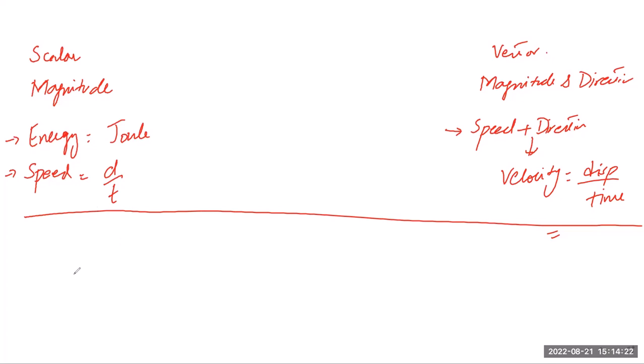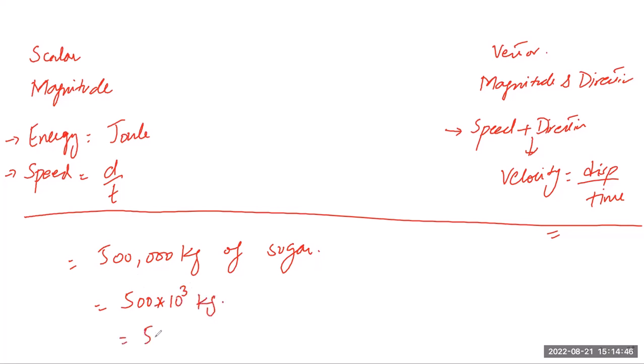For example, if someone says, I have 500,000 kilograms of sugar, we first convert this into powers of ten, like 500 times 10 raised to power 3 kg. Or I can write 500 kilo kg. It is a very layman example.